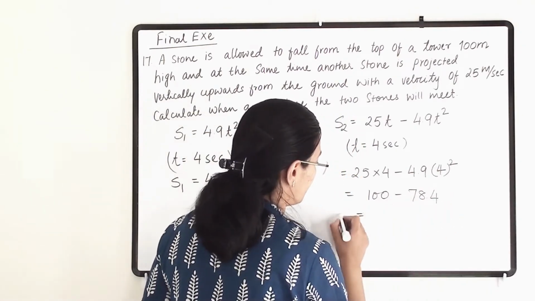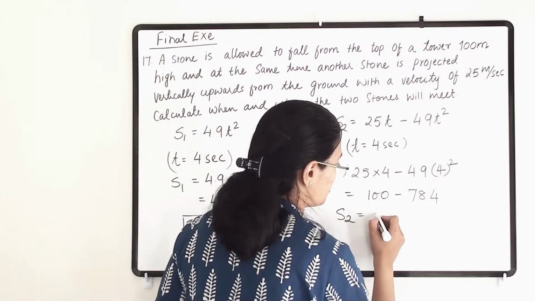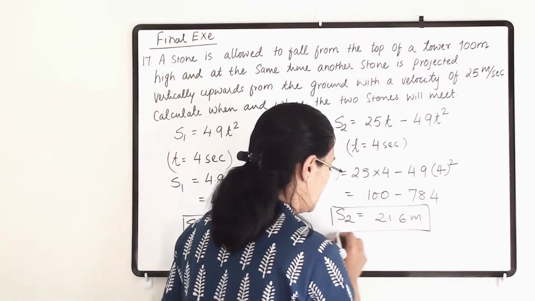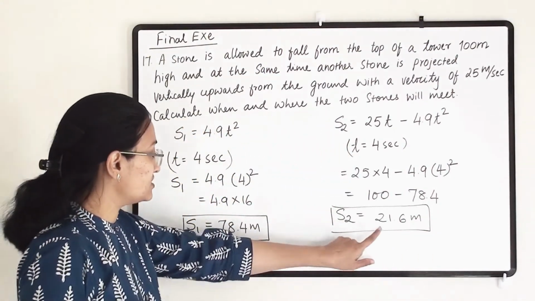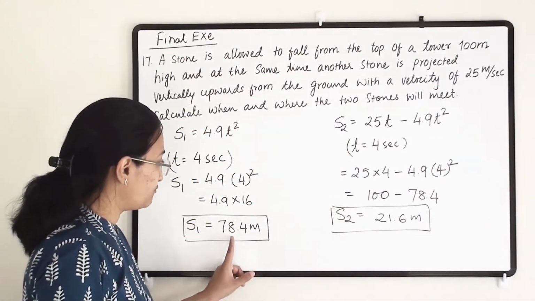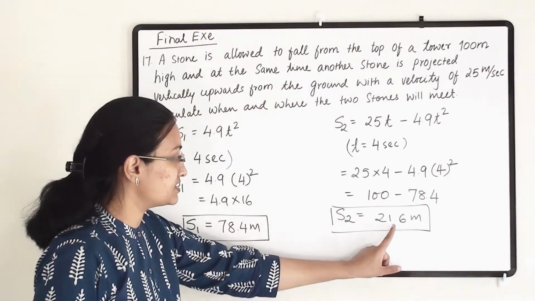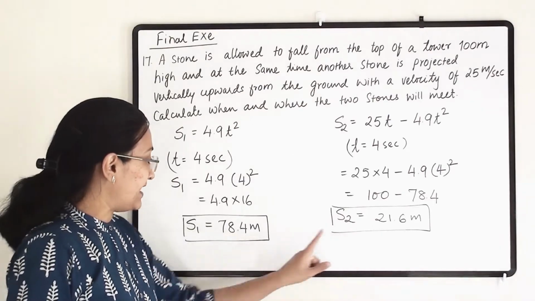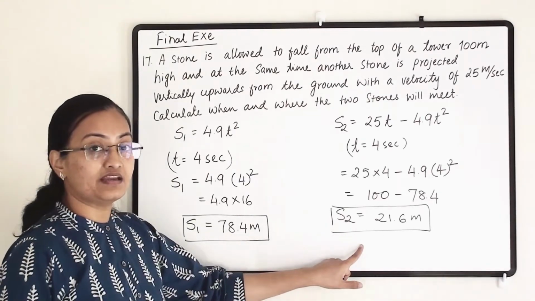And when we subtract this, we will get S2 equals to 21.6 meter. So to tally the answer, we can just add 78.4 plus 21.6. So we should get 100 meter. So yes, when we are adding these two distances, we are getting 100 meters.